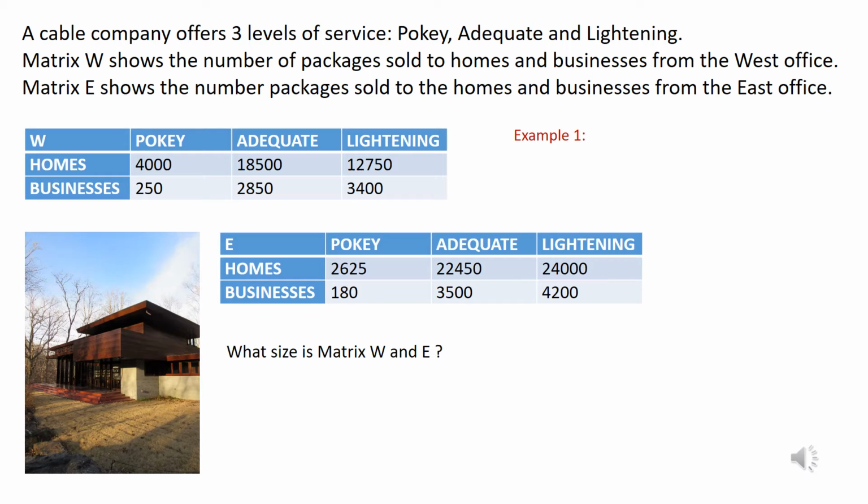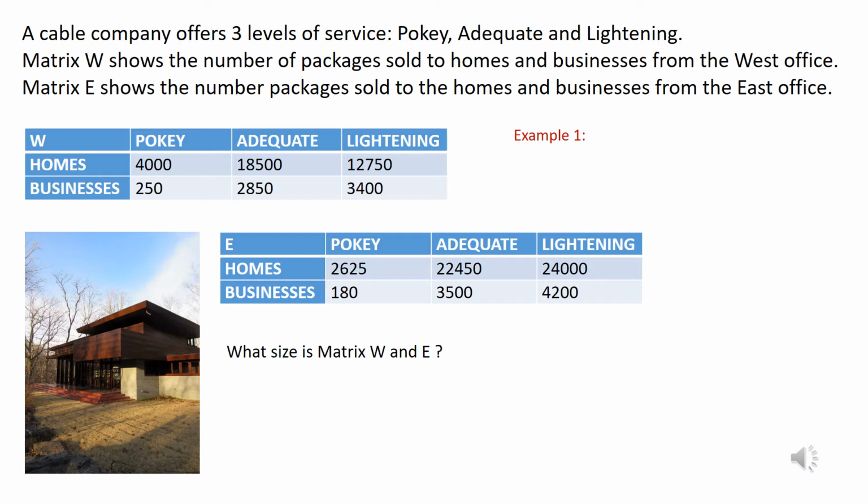Notice there are 4,000 homes choosing the pokey service, 18,500 choosing the adequate service, and 12,750 chose the lightning service. Whereas the businesses, there were 250 choosing pokey, 2,850 choosing adequate, and 3,400 choosing lightning.